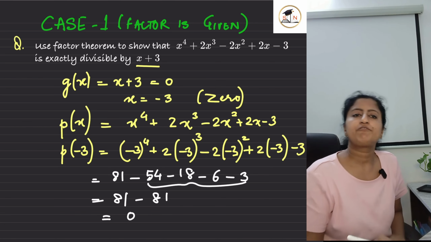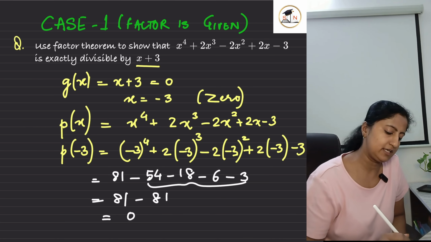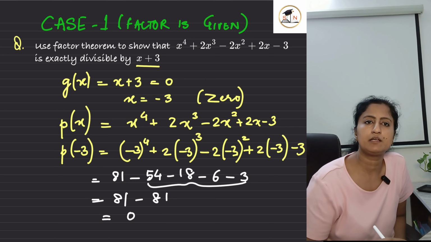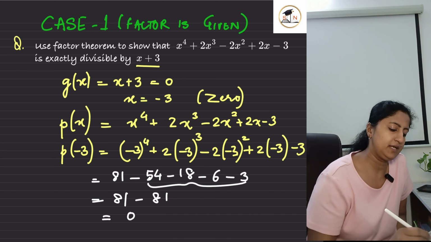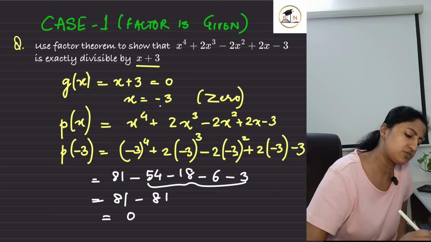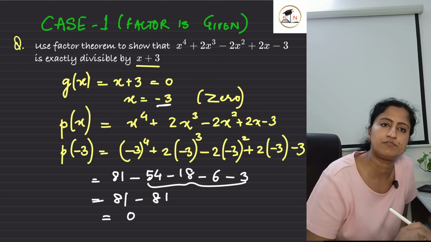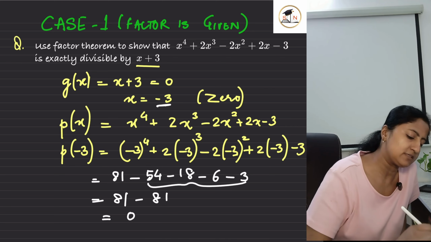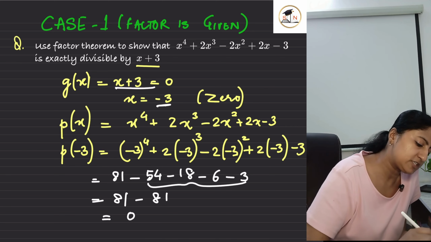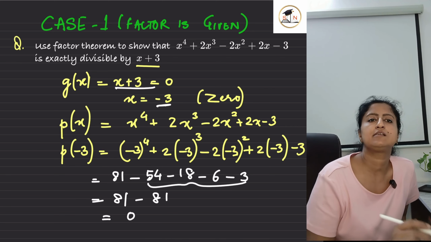Now, if we have got the value over here as 0, we had already studied in remainder theorem that after substitution, if we are getting a 0, that means the value which we had substituted as negative 3 is the 0 of the polynomial. And if some value is a 0 of the polynomial, then in that case, the expression x plus 3 is a factor.